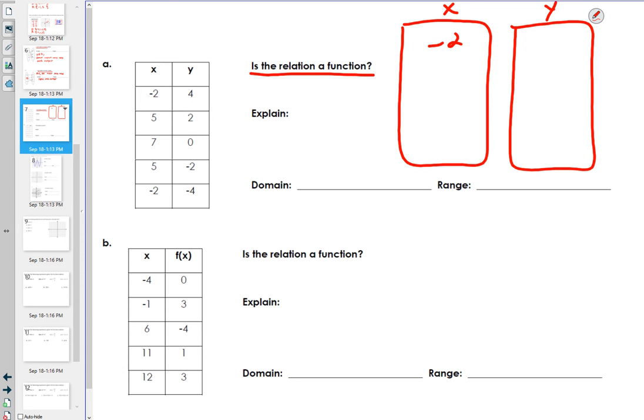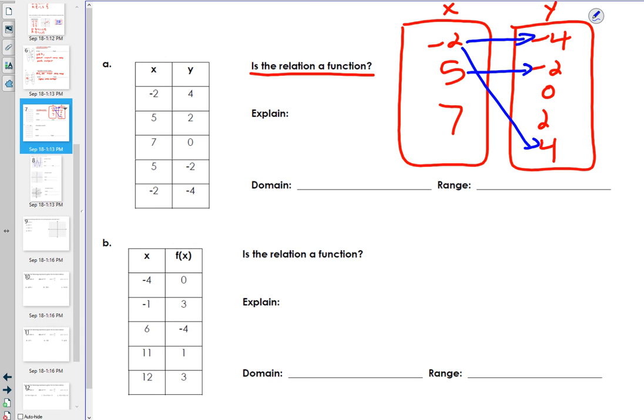Sorry, no, take that back. They're not. It's just negative 2, 5, and 7, and then all of the y's are unique. So this goes here and here.